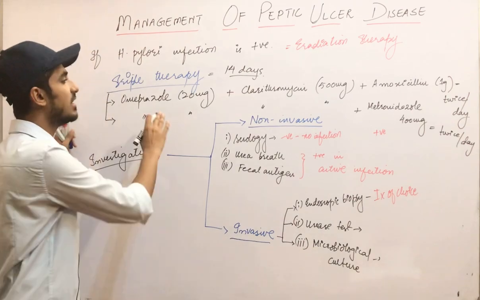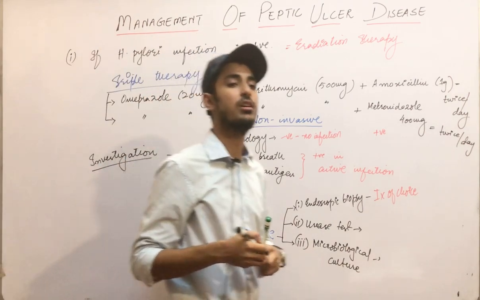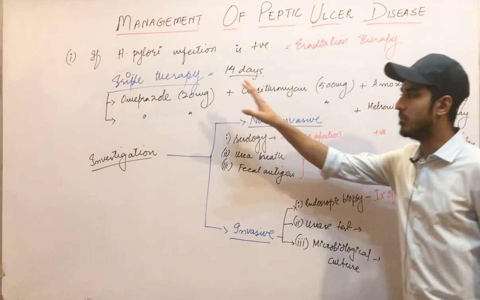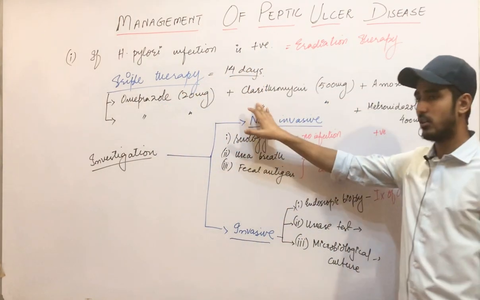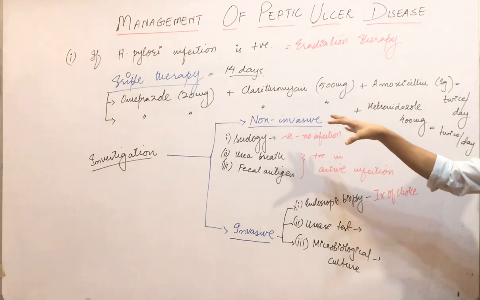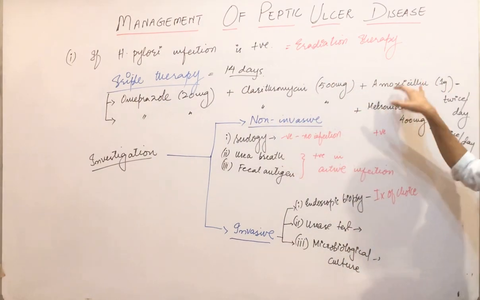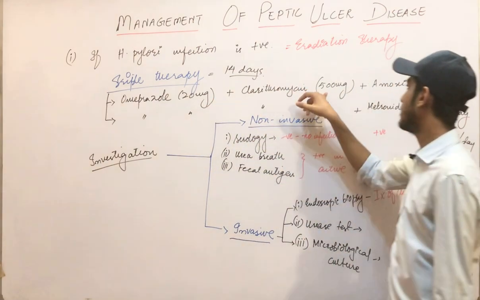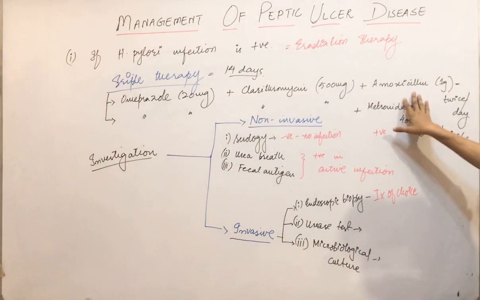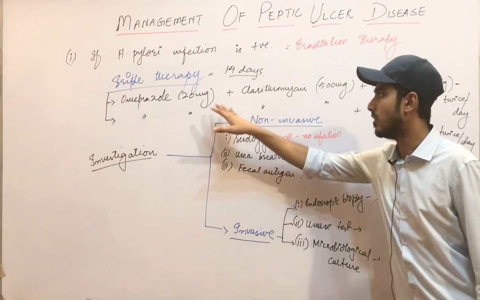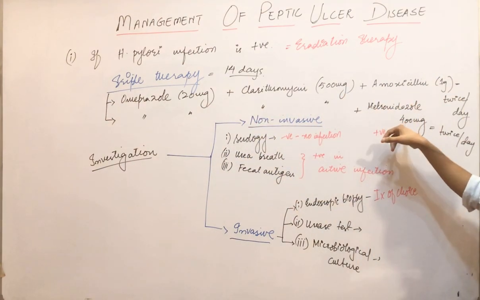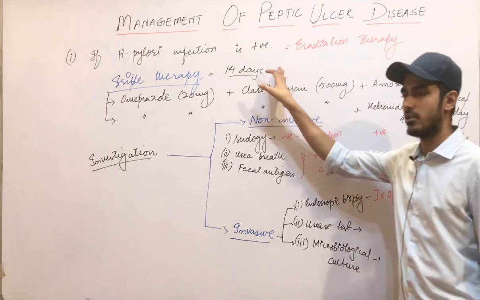This is very important medical management of PUD, and the dosages must be remembered: 20 milligram, 500 milligram, and 1 gram of amoxicillin. Then the same triple therapy with omeprazole, clarithromycin and metronidazole 400 milligram twice a day for 14 days.